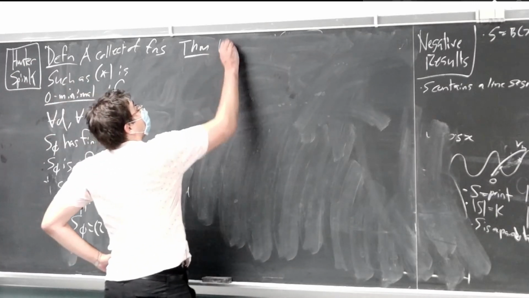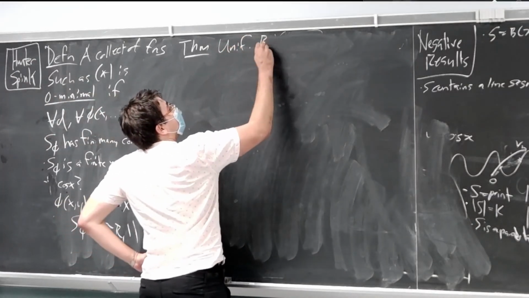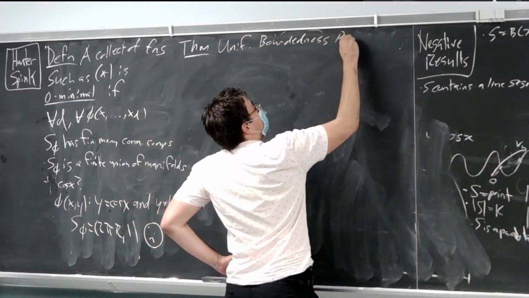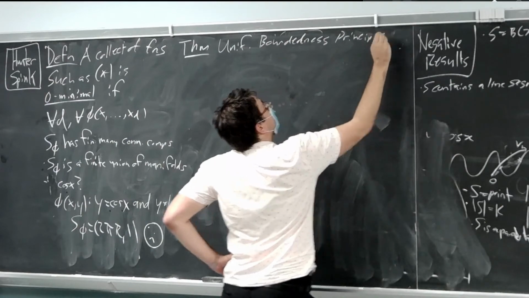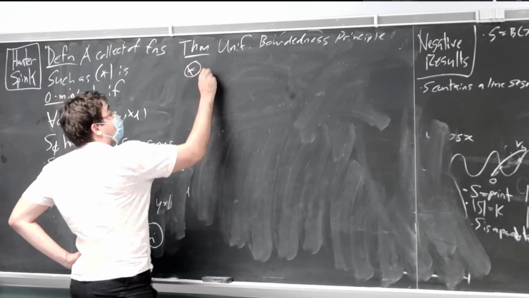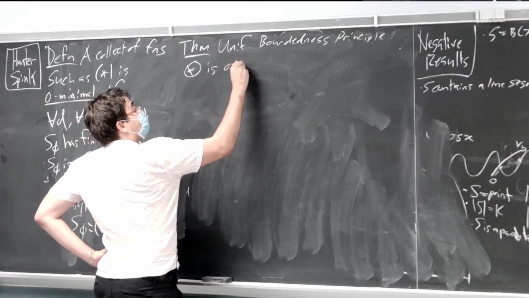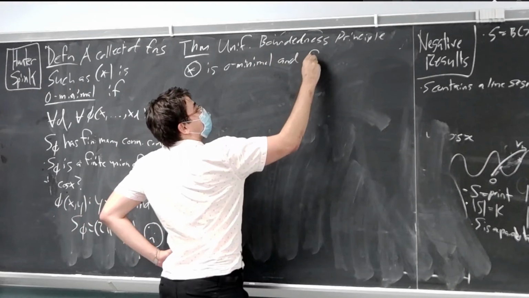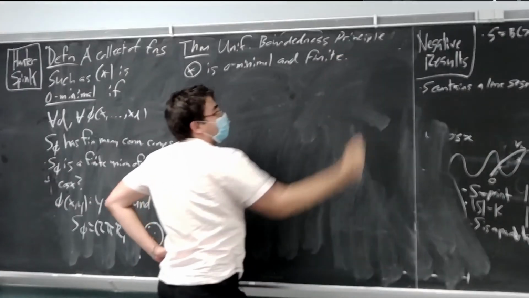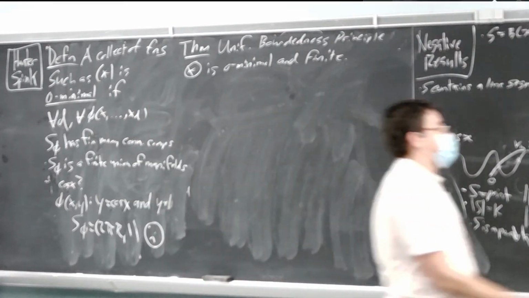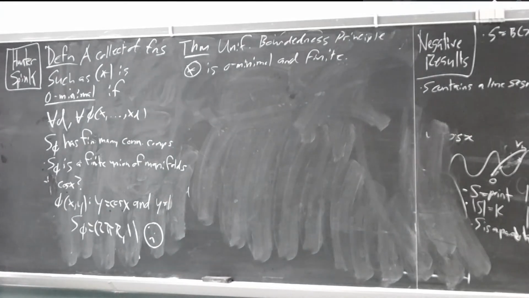This theorem is called the uniform boundedness principle. I have a very nice statement. So we're going to assume that this collection of functions is O-minimal and finite. So I'm going to restrict myself to a finite collection of functions over there, but that's okay because whenever you're working with a particular set, you only have finitely many functions used to define it.